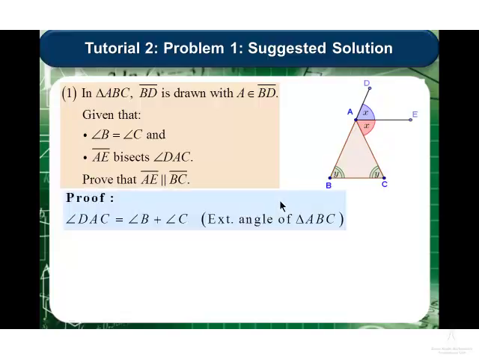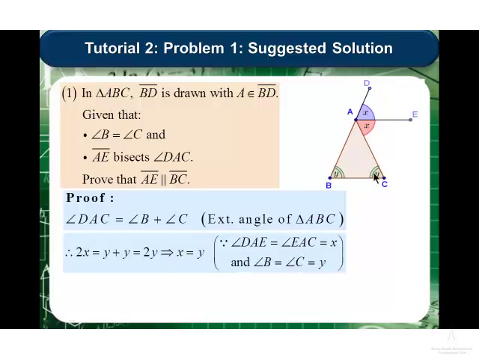In this case we know that the exterior angle DAC is equal to the sum of the opposite interior angles, the angle B plus the angle C, and it is given that these two angles are the same. So if we express the sum in terms of y, we know that angle DAC is equal to y plus y, which is 2y.